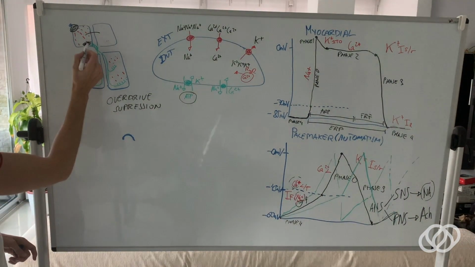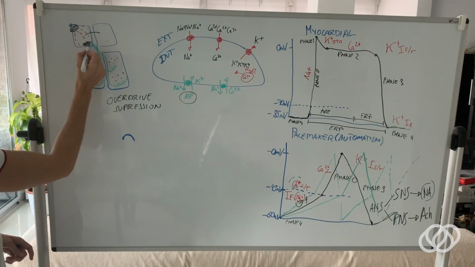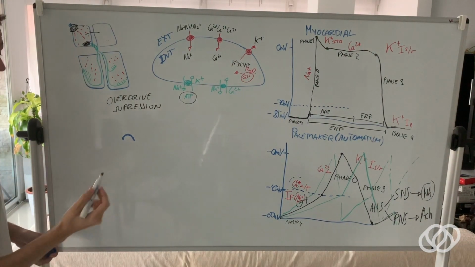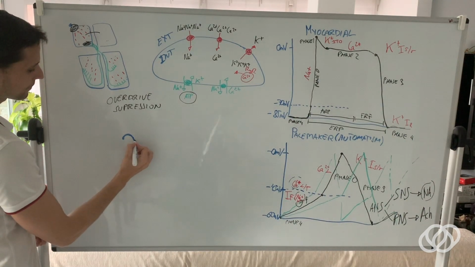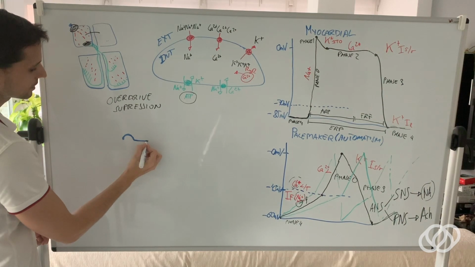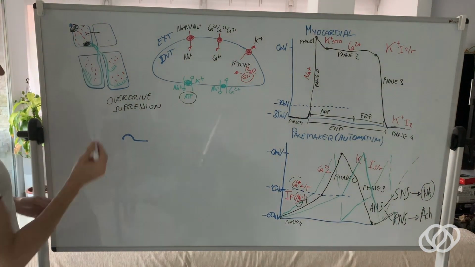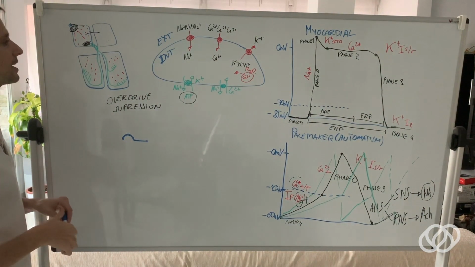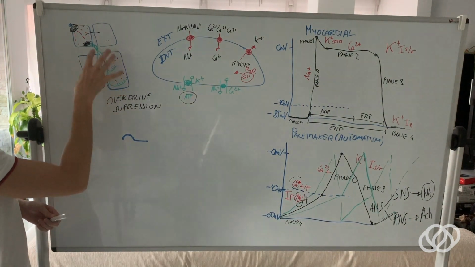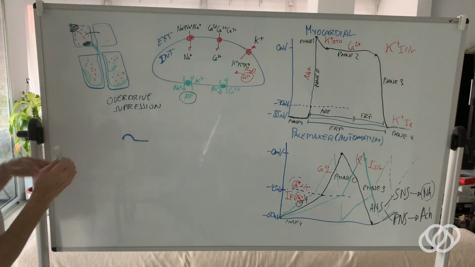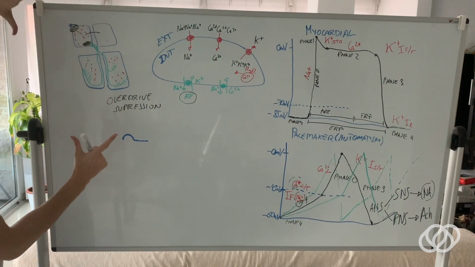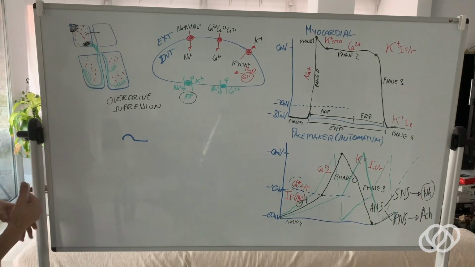Then the impulse will arrive at the AV node. The AV node usually has some properties that delay the impulse here for a while. The purpose of this delay is that we leave some time for the atrium to contract and finish filling the ventricles before the ventricles start to contract.